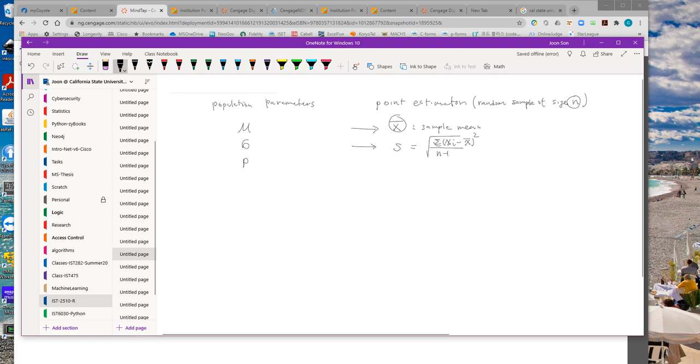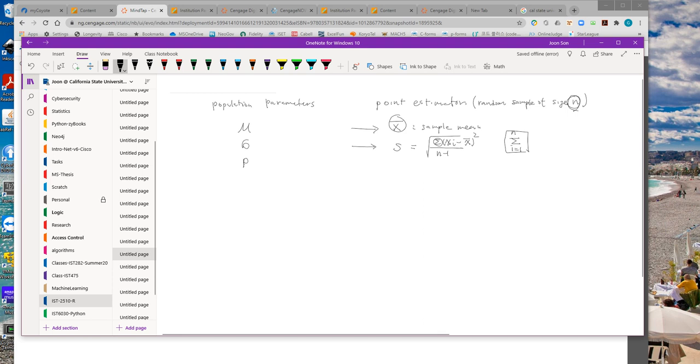And of course the sigma runs from i equals 1 all the way to n. I'll just abbreviate it as a sigma, but actually it's this.